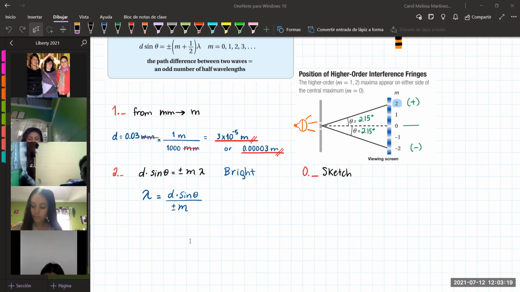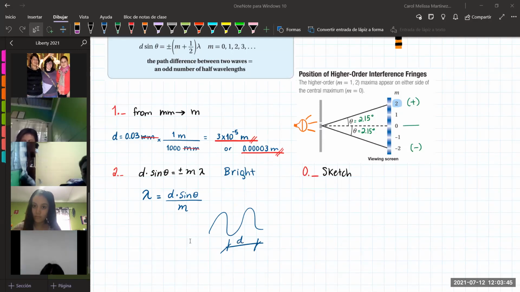And as you notice, I didn't include the plus and minus sign. For this kind of exercise, you don't need to include the plus minus, because wavelength refers to how open or how tight a wave is. Remember what wavelength is. A wavelength is a distance, and this distance will always be a positive number.